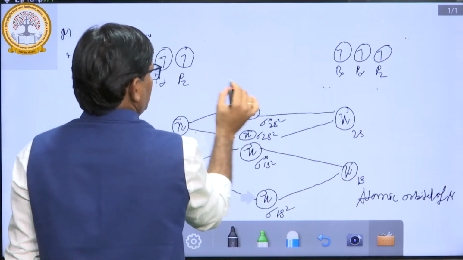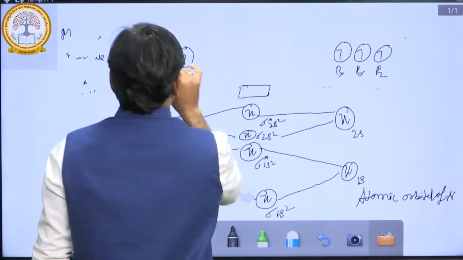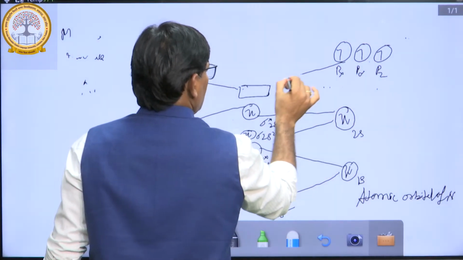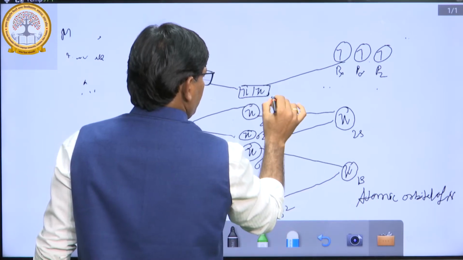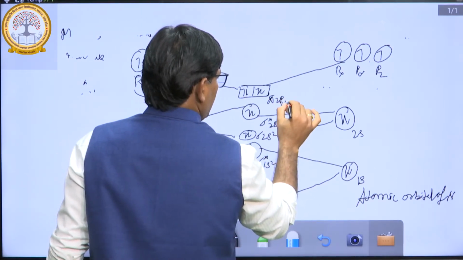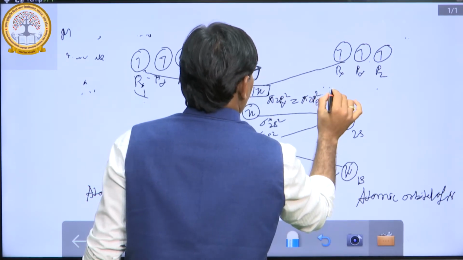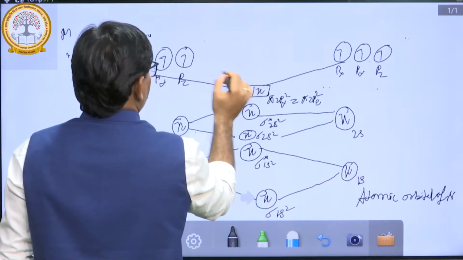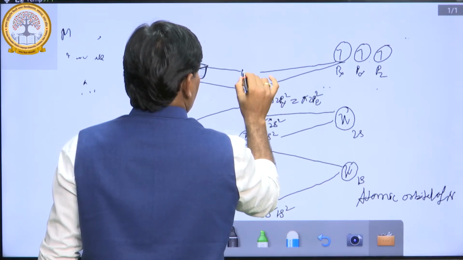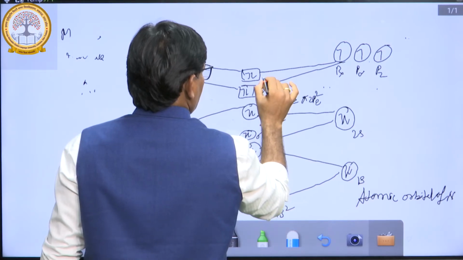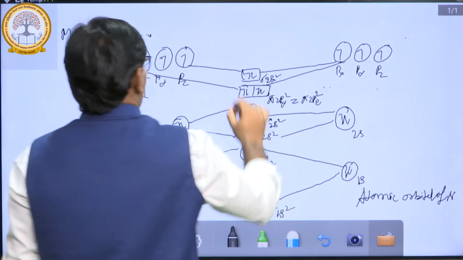In case of bonding, that is the pi 2py2 equal to pi 2pz2 and sigma 2px2.